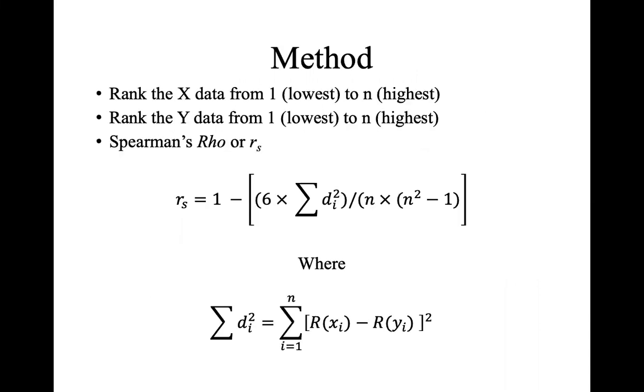So how you do it is you basically rank the X data from 1 to N, and you rank the Y data from 1 to N, and you do that ranking separately. So you end up with 2 separate rankings.